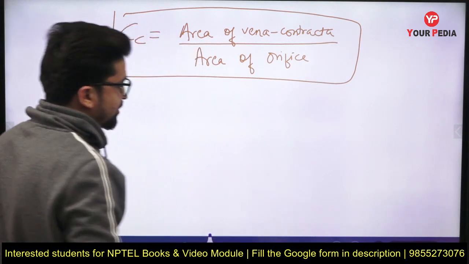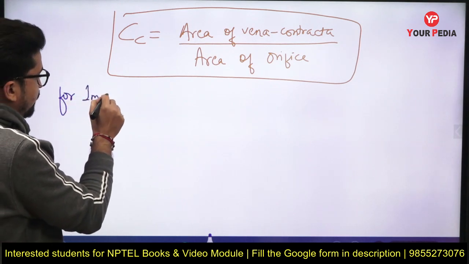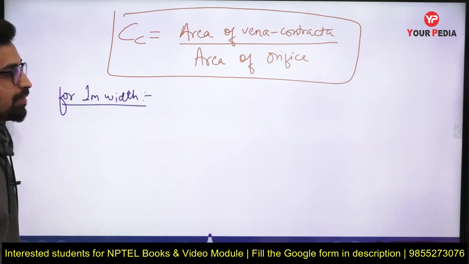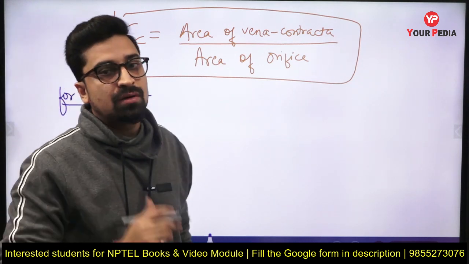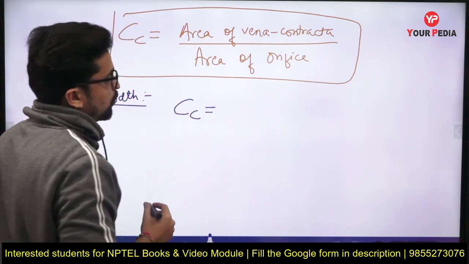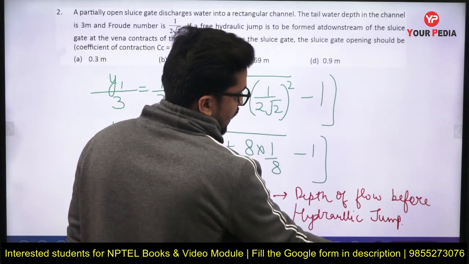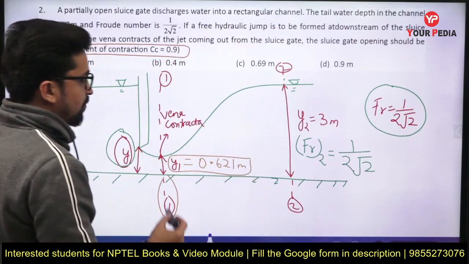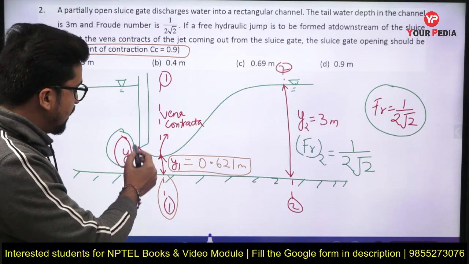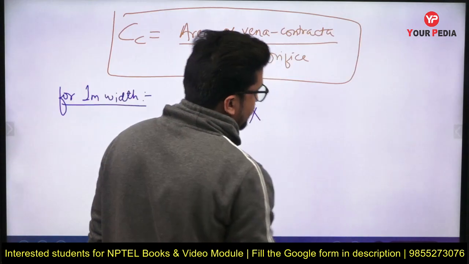So this is the definition of coefficient of contraction. Let us suppose for unit width, or for 1 meter width, we find the area of the section at vena contracta and the area of the section at the orifice. So Cc will be equal to, taking 1 meter width, the area at vena contracta as B into y1 and the area of orifice as B into y, where the width we have just taken as 1 meter for unit width.